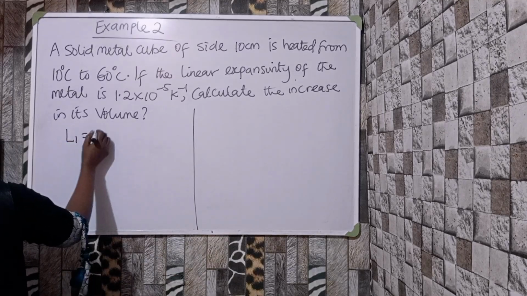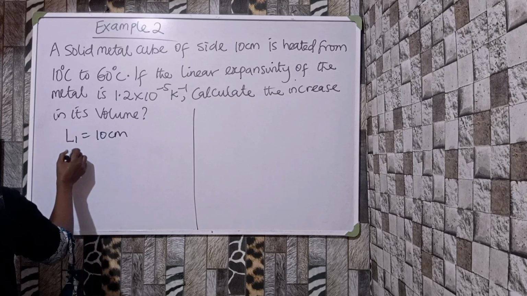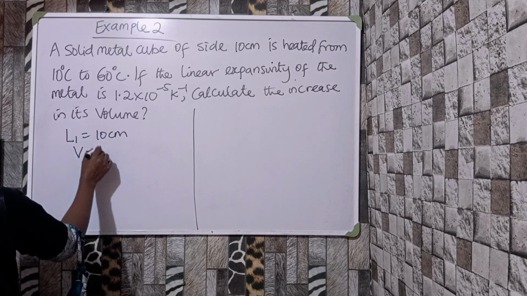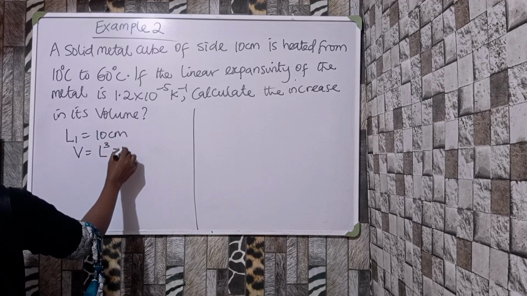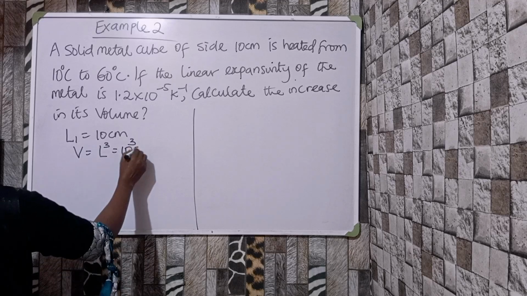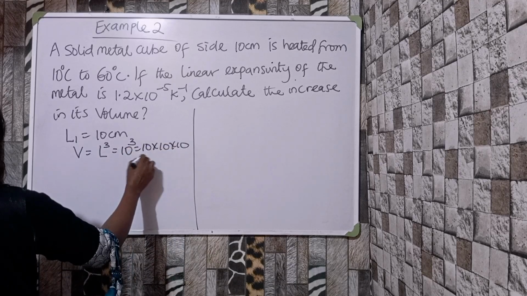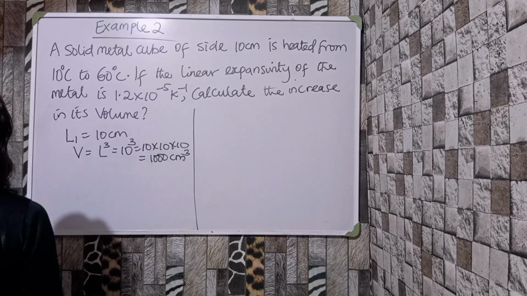The length given is 10 centimeters, but because we are dealing with a cube, this is volume. The volume is L cube, which is 10 cube, the same thing as 10 times 10 times 10, giving 1000 centimeter cube.